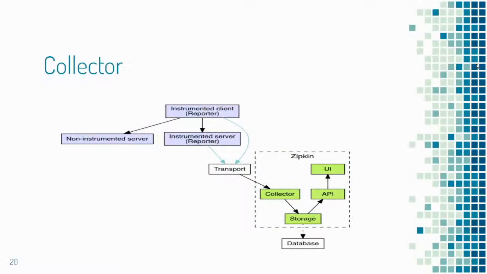So let's get to know about the collectors. A collector collects the instrumentation data and then pushes it into storage, and then it provides you an API, and it provides a UI also, so that you can query and check your logs and details.